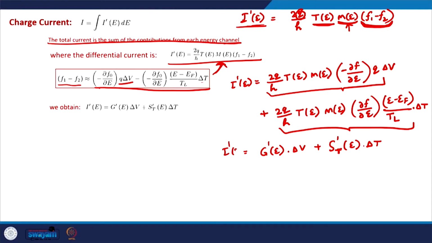So the differential current has a contribution both from the conductance function and this Soret diffusion, electrothermal diffusion.